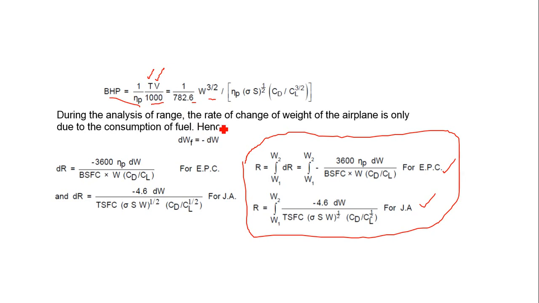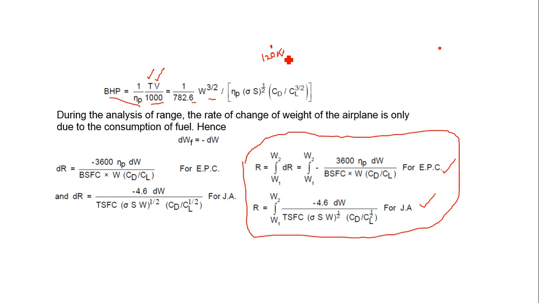So we know the weight of the airplane will change when an aircraft covers a certain distance during its flight. Consider this is the point of starting and this is the point of ending. At the starting point, consider the weight of the airplane as 120 kilonewton.